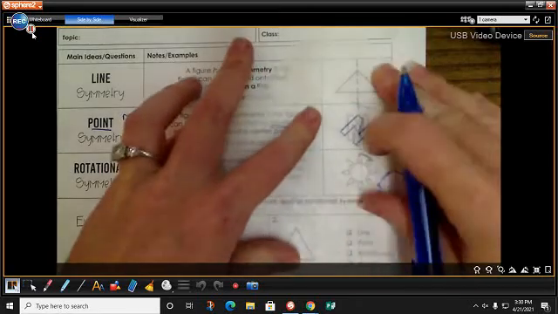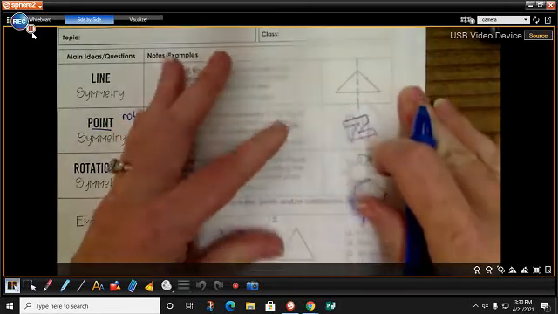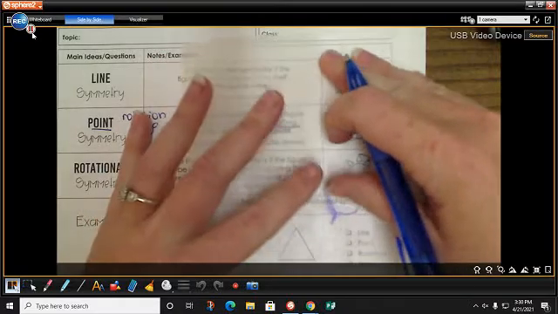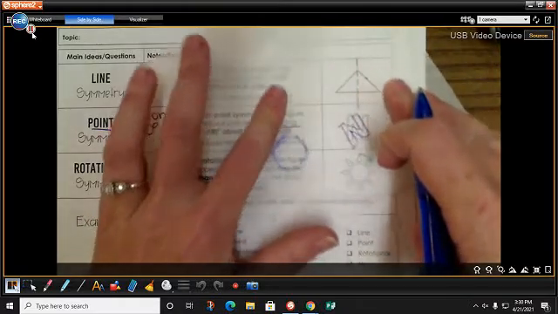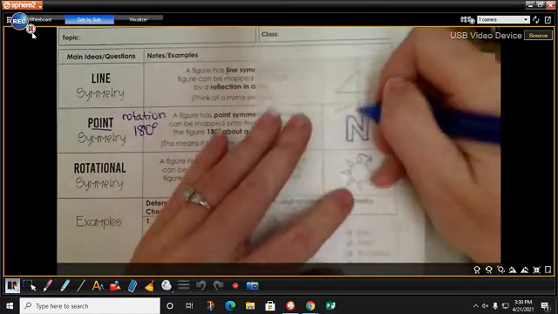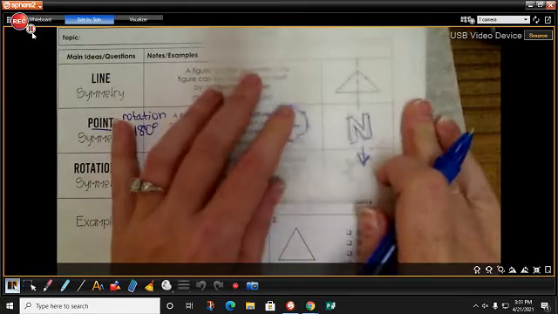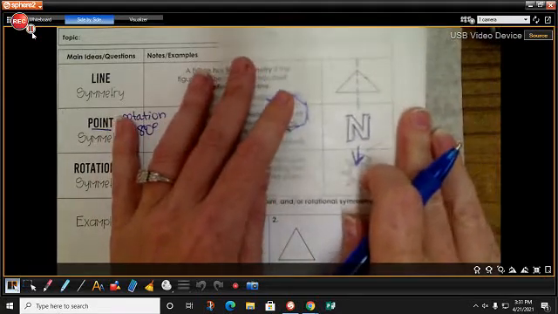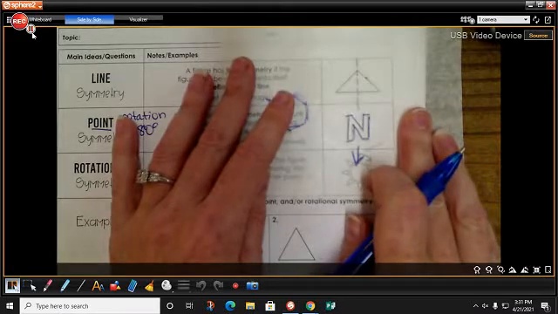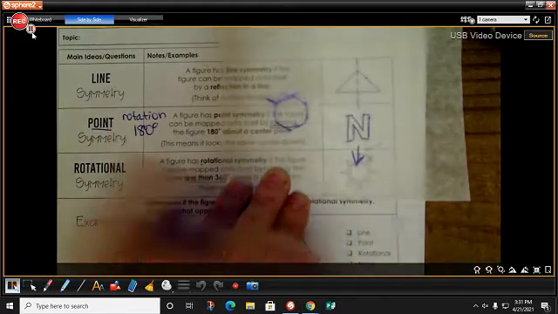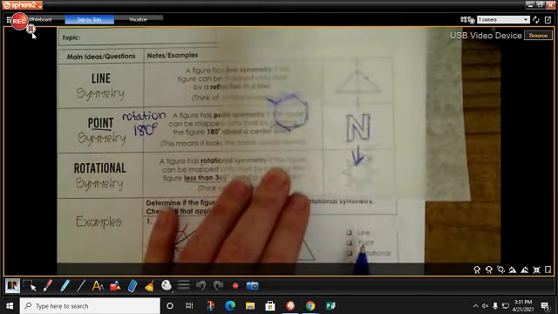It's not matching up, and it's not matching up. Here I am 90 degrees around the circle, and it still doesn't match. But if I rotate it halfway around the circle and now it's pointed down, now I match back up to where I was. And since I had rotation of 180 degrees, that is called point symmetry.